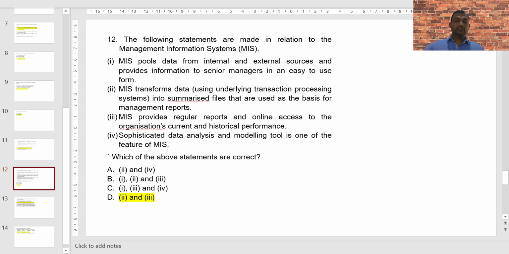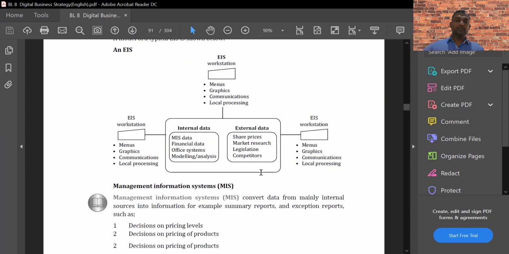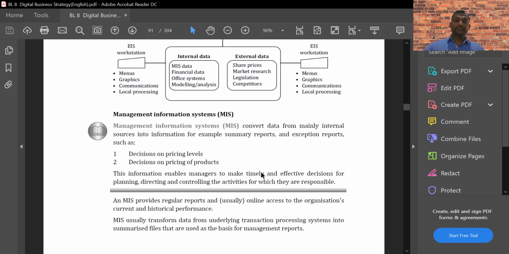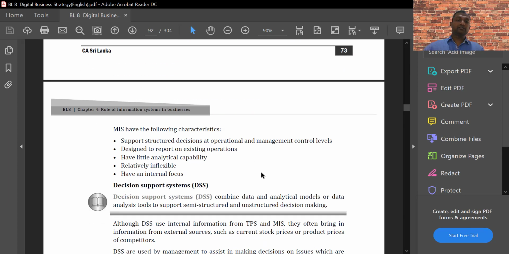Right. So in the book also, there are certain explanations on how management information systems work at each level.